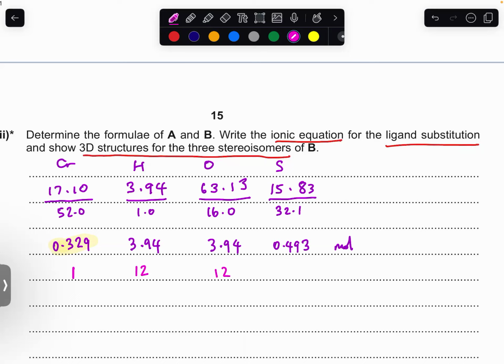And the last one is 1.498. Rounding it up or down is too much, so we can put that as 1.5, because that's too much rounding.